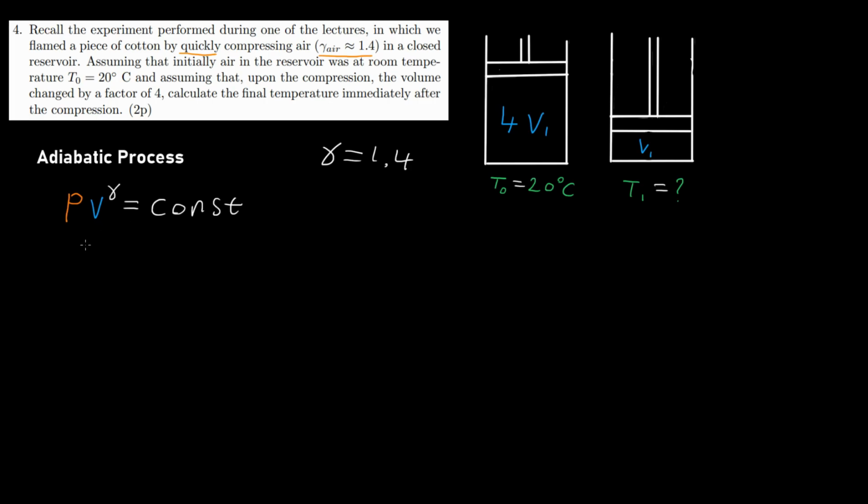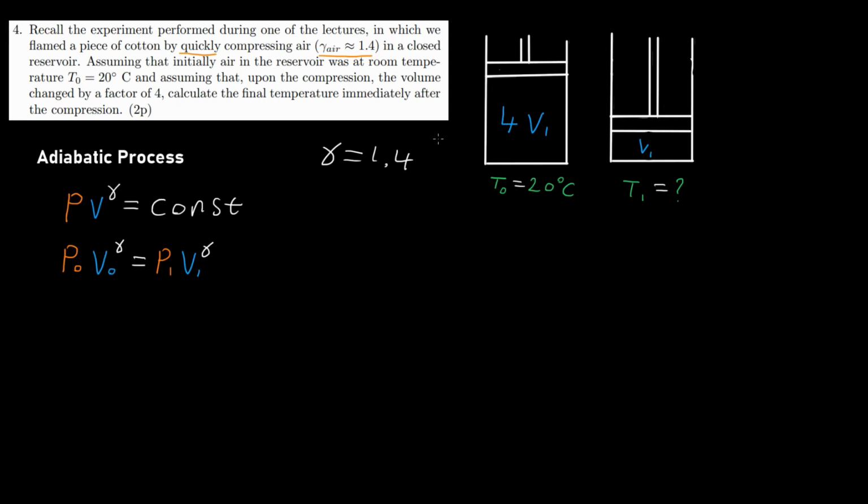So that means that, considering state 0 to be the state before the compression and state 1 being after the compression, P0 times V0 to the gamma is equal to P1 times V1 to the gamma, because this must always be a constant, so this must be true.